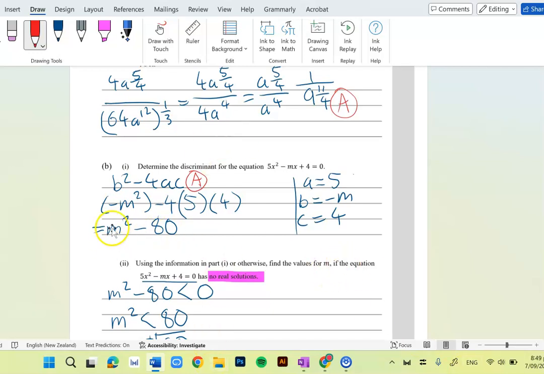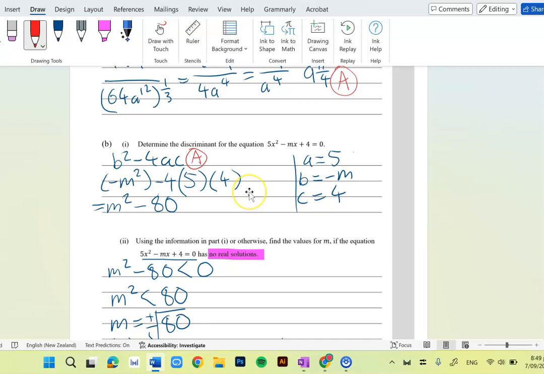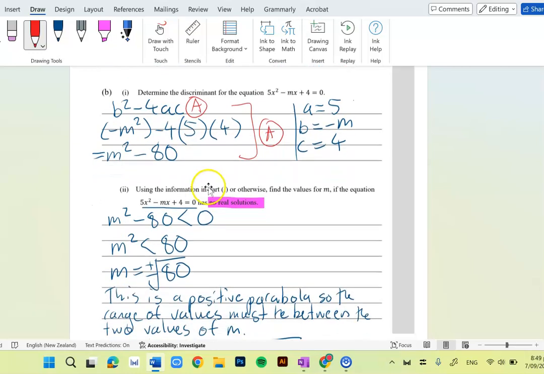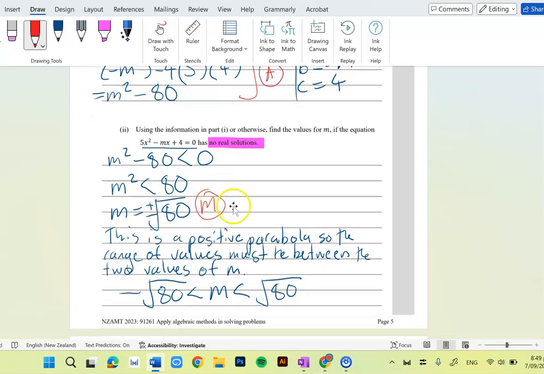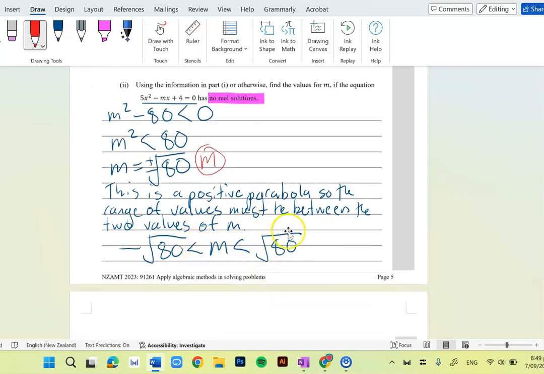If you find plus or minus square root of 80, you get merit. And if you have the correct range of solutions, including the inequality, this is excellence. Okay, so you must have this range here.